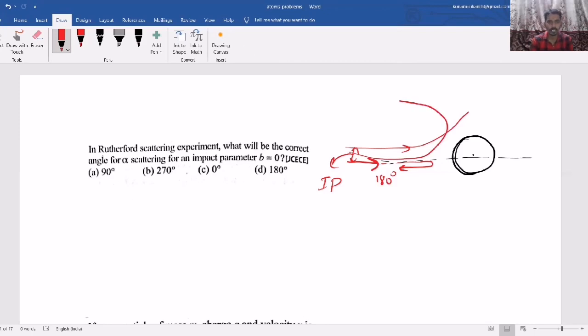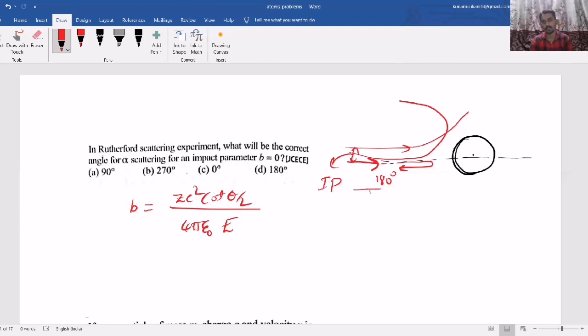So here the impact parameter b formula is given by Ze² cot(θ/2) / 4πε₀E.